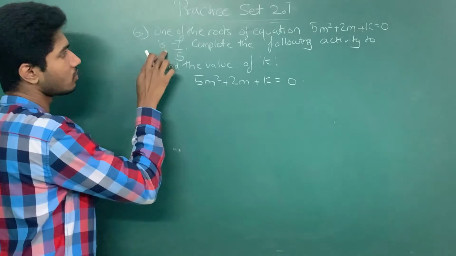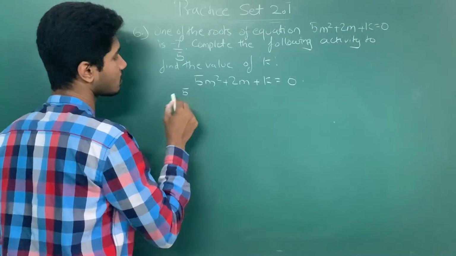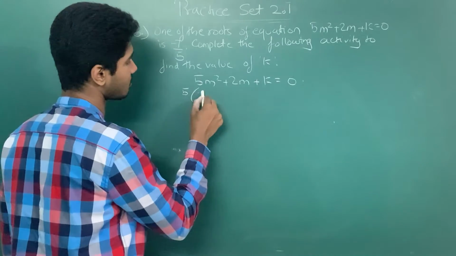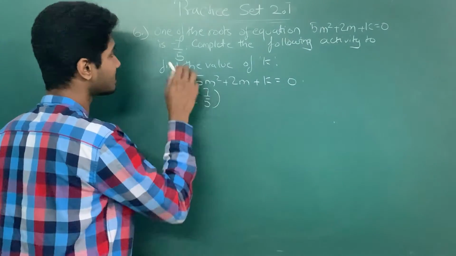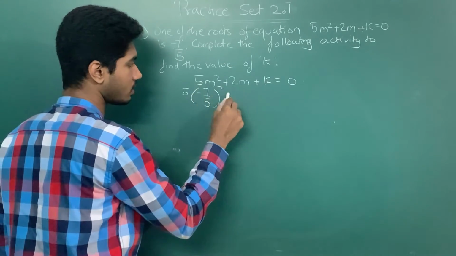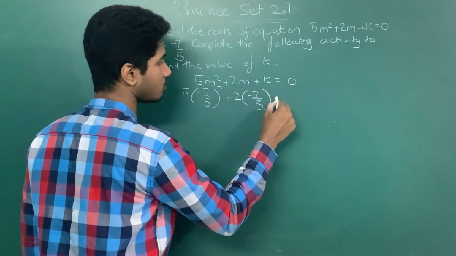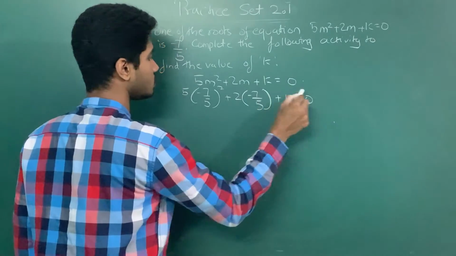Now we have been given a root, that is -7/5. So we'll write in the place of m as -7/5. Over here it's 5 into (-7/5) whole square, plus 2 into -7/5, plus k equal to 0.